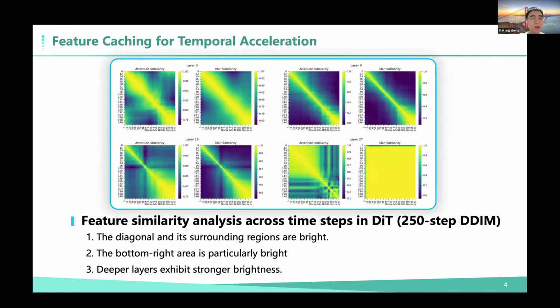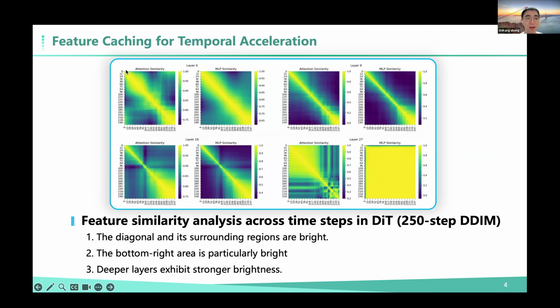First of all, I would like to talk about feature caching for temporal acceleration. There are former works called DeepCache and FasterCache. Their main observation comes from plotting the attention similarities and MLP similarities of different layers in DiT. They find that the attention similarity and the MLP similarity in adjacent time steps are extremely high.